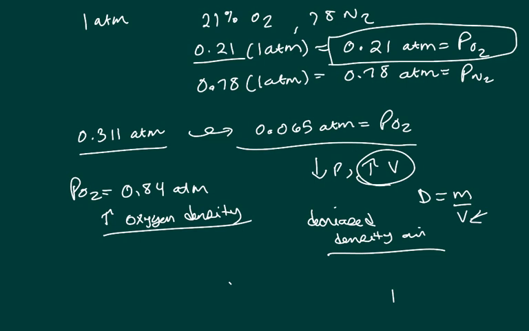Okay, so guess what? Just like we have adapted to having a partial pressure of 0.21 atm for oxygen, we've also adapted to having a partial pressure of 0.78 atm for nitrogen. And guess what? When we go down again into the deep sea, this goes up at about 30 meters.